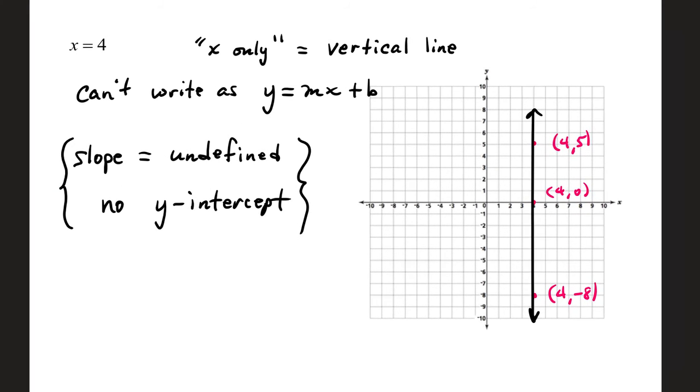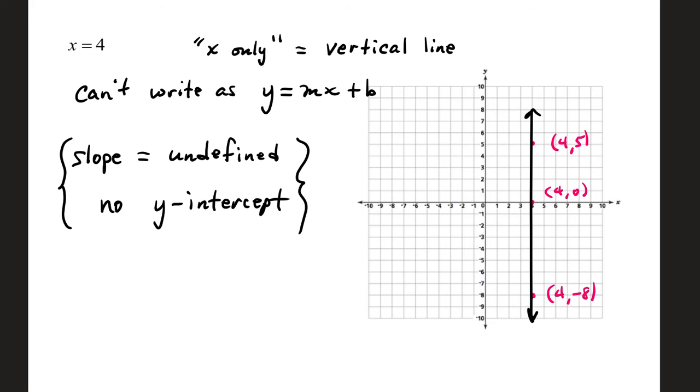A similar comparison is x only. If all you have is x equal to a number, then you'll have a vertical line. We can't write that as y equals mx plus b because we don't have a y variable to do it with. What we do have is the ability to plot 2 points that have an x coordinate of 4.